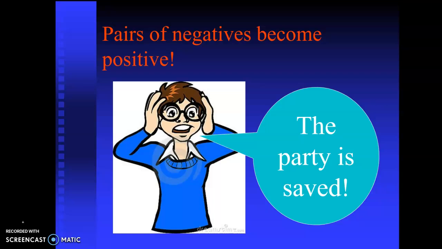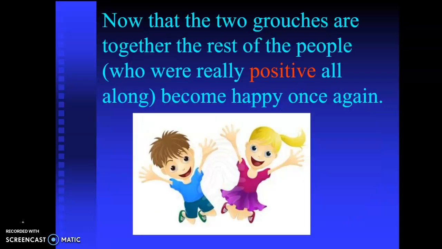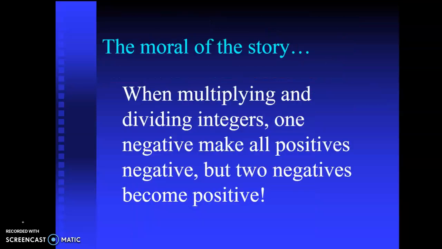And so the pair of negative people become positive, and the party is saved. The whole party can go back to being positive and happy again, right? So now that the two grouches are together, the rest of the people who were really positive all along can be happy again, okay?